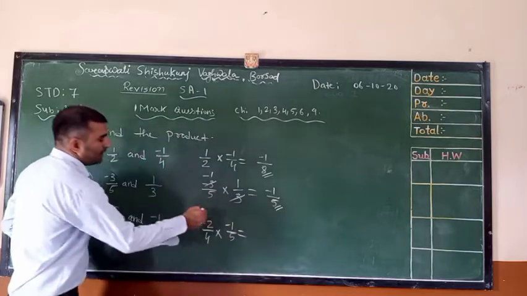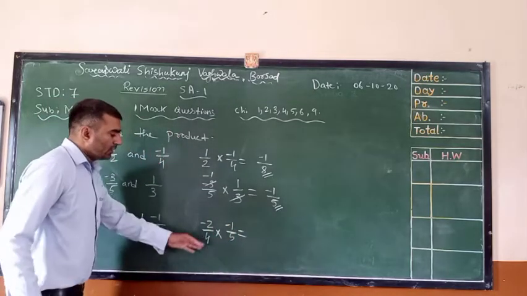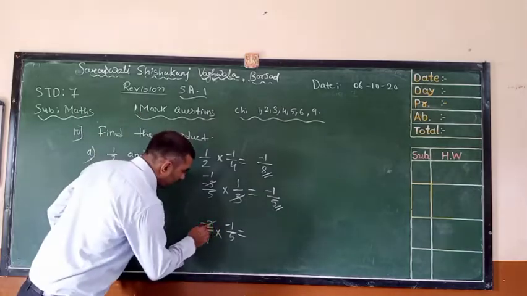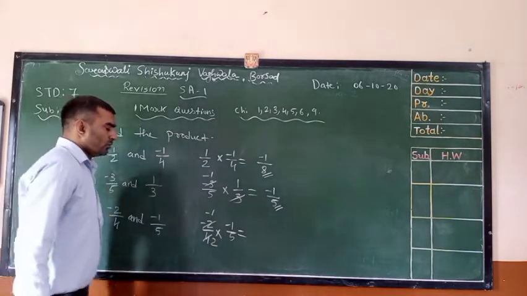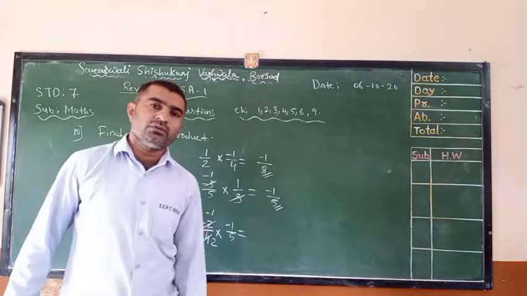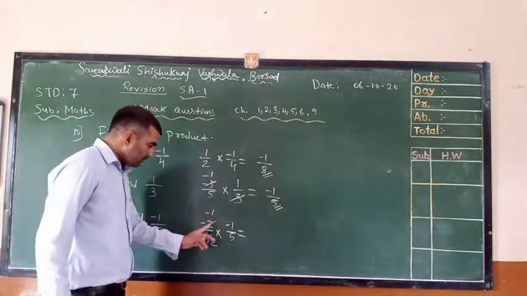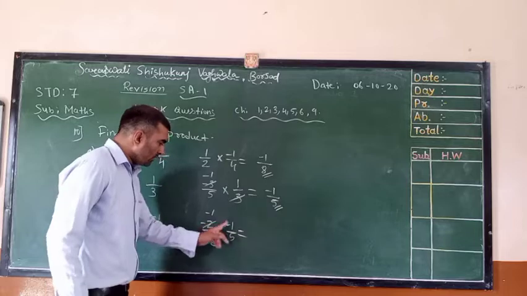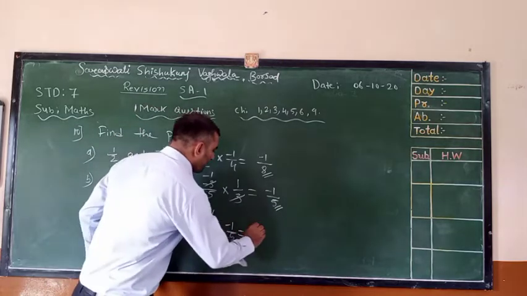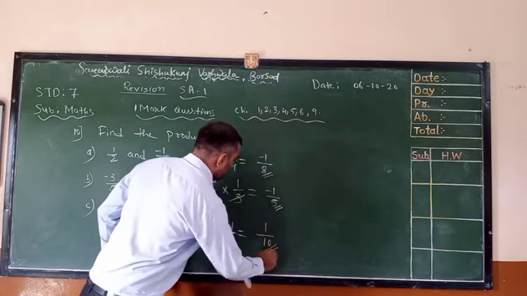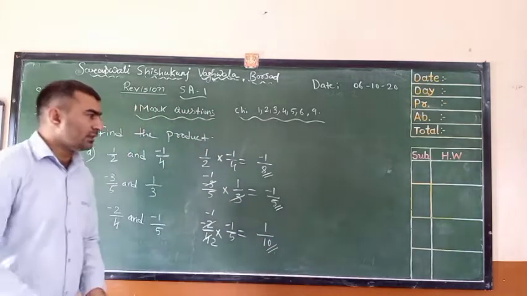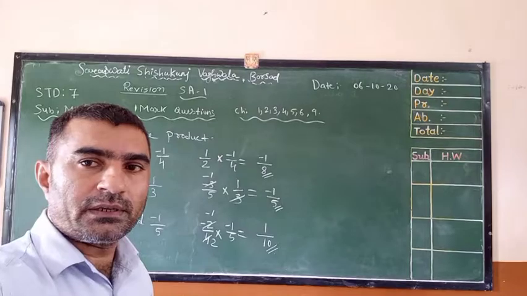So we have to multiply numerator to numerator and denominator to denominator. 2 multiplied by minus 1 is minus 2, and 2 fours are 8. Now we will multiply the remaining numerator to numerator, 1 multiplied by 1, and both are negative, so the result will be positive. So 1 over 10 is the answer.